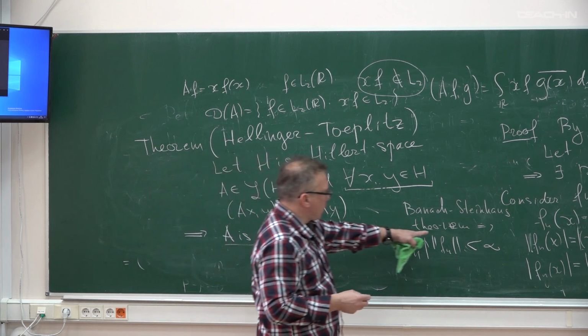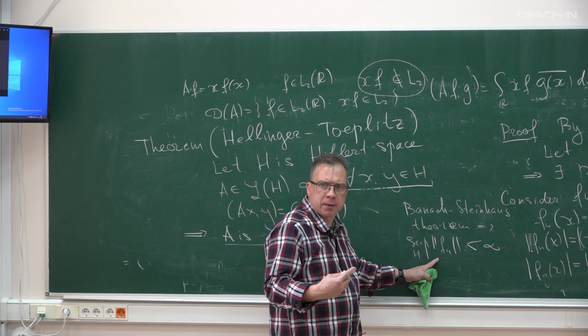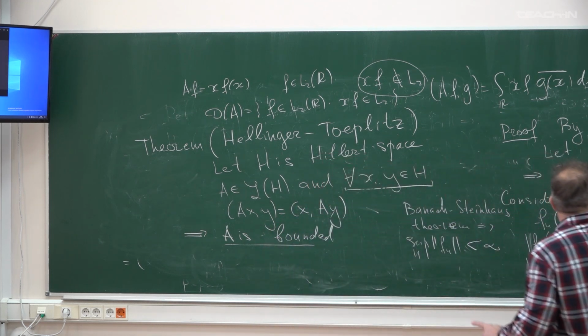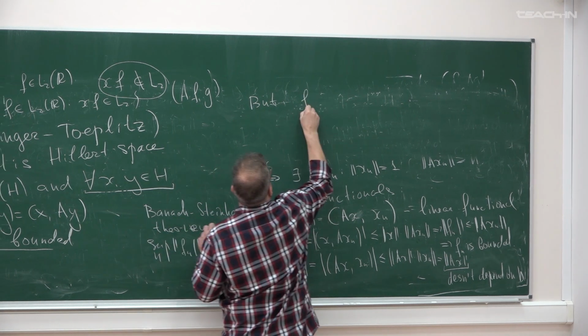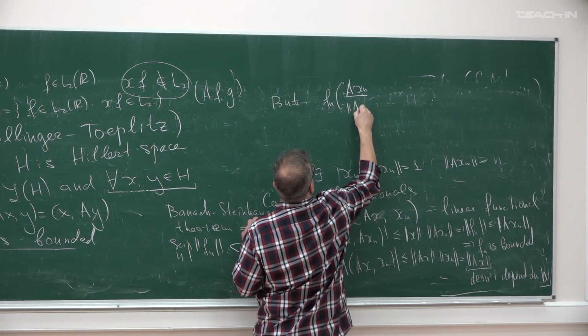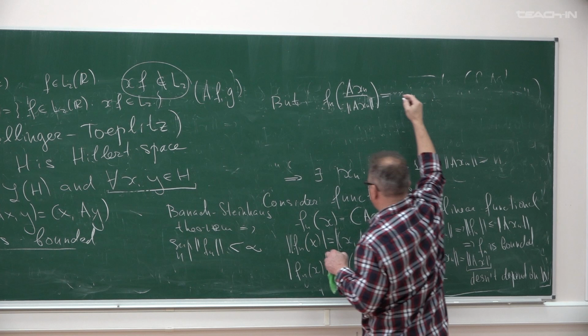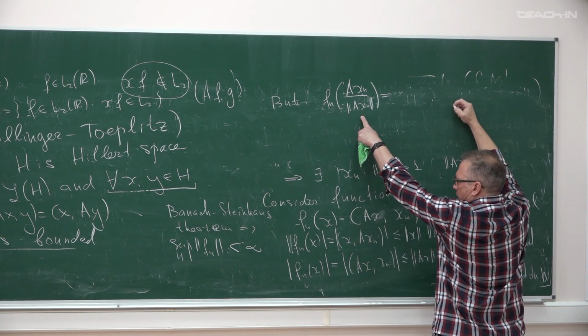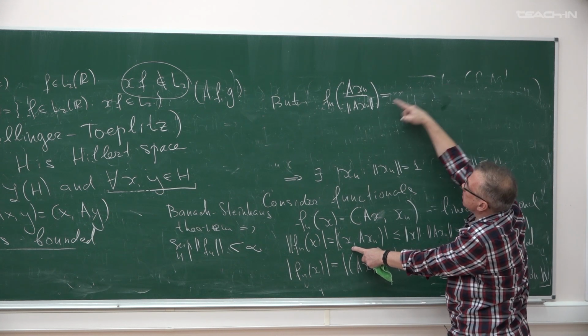So the Banach-Steinhaus theorem tells us that the supremum of all norms is bounded. Yes, fine. But we have this property. I put this vector in this representation, x like this.